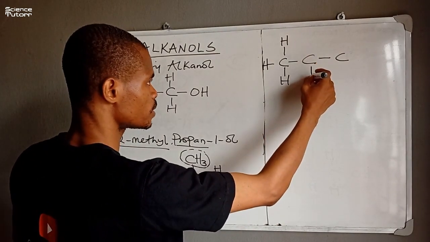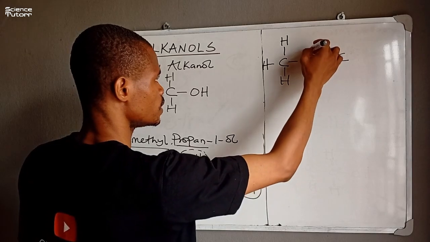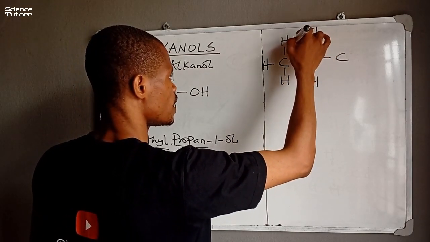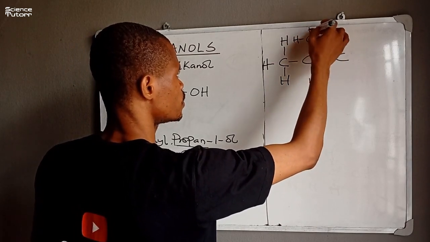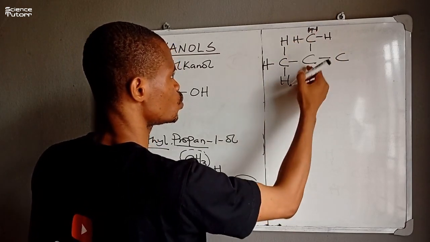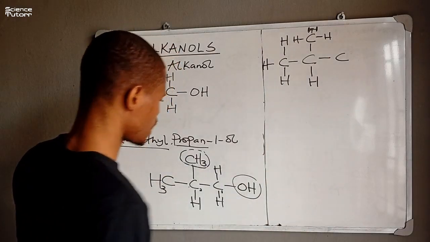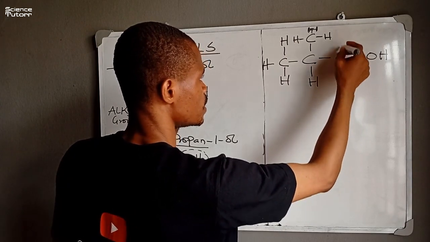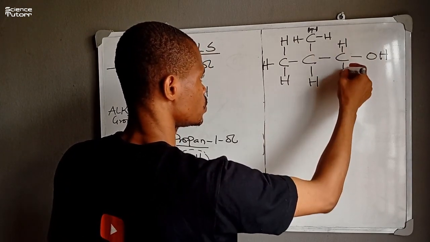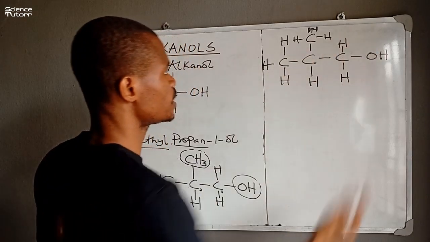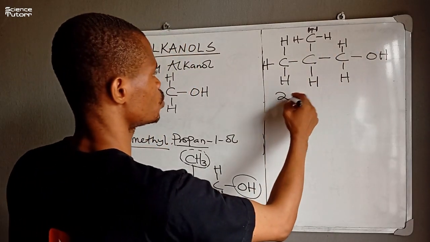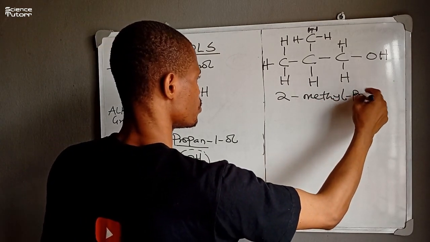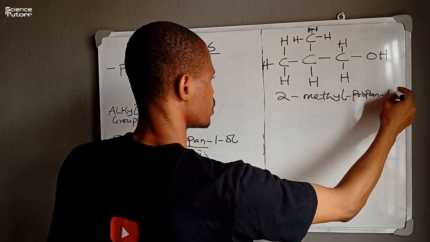Carbon is bonded by a hydrogen, and then on this side we have a C attached to hydrogen, where we have our 2-methyl, and then on this side we have the OH group at the first carbon atom, bonded by hydrogen up and down. So this gives us the structure 2-methylpropan-1-ol.